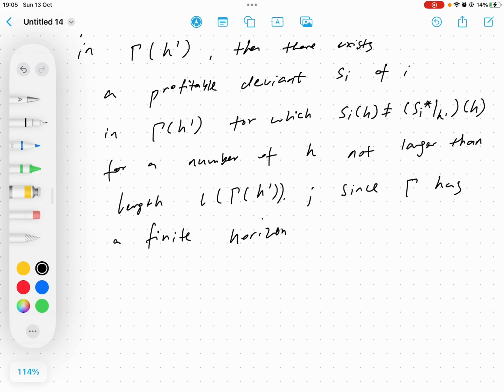Since gamma has a finite horizon, this number is also finite, right?